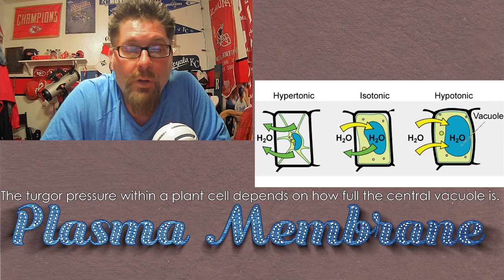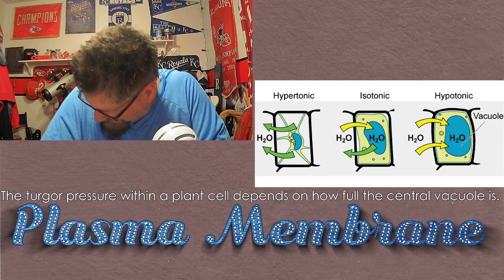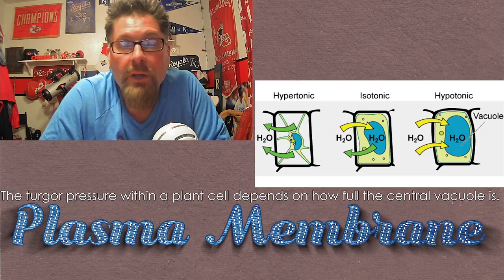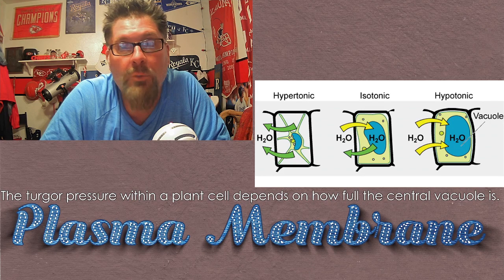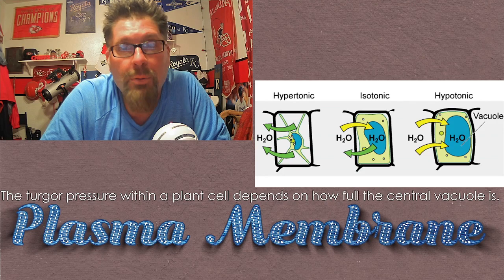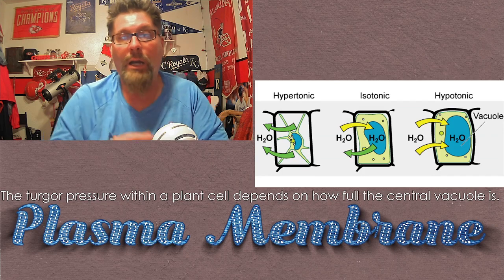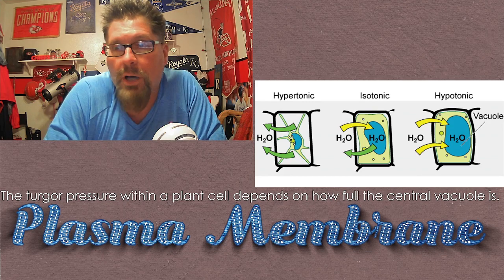But if the plant's not damaged, then you can add some water to it, and it'll perk right up and stand right back up in just a short amount of time. That pressure is called turgor pressure. Okay, turgor pressure, when the vacuole is full and it's pressing against the cell wall.